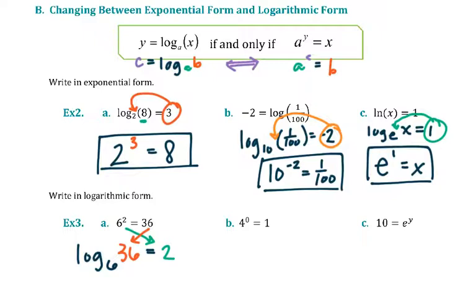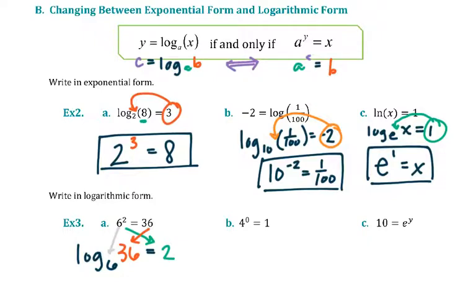We're not solving anything, we are just converting between forms. Notice the base 6 raised to the second power becomes log base 6, and then the 2 and the 36 switch sides of the equal sign.